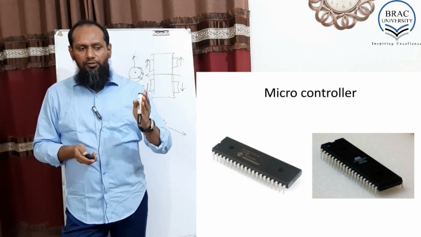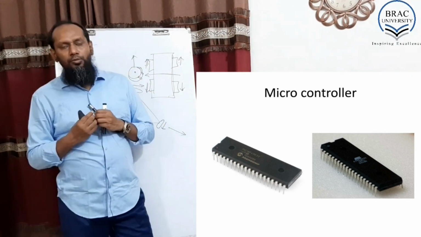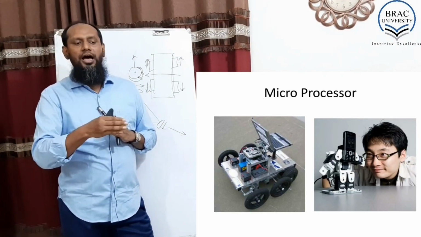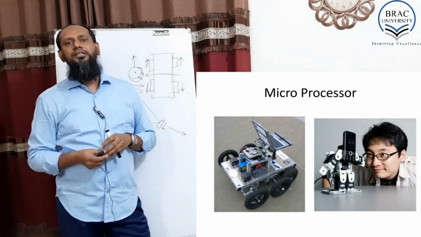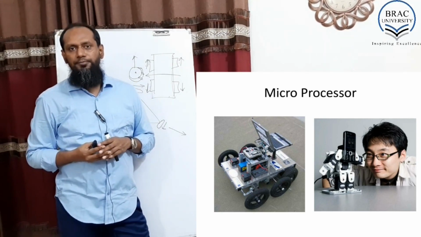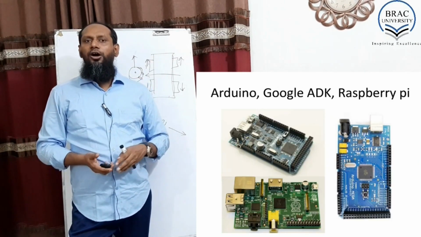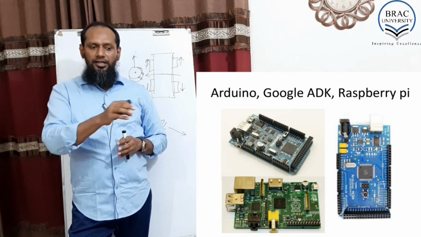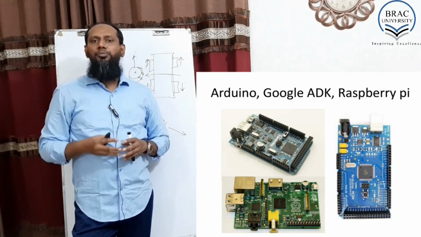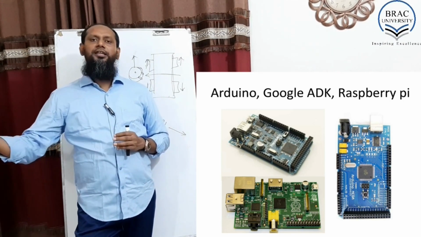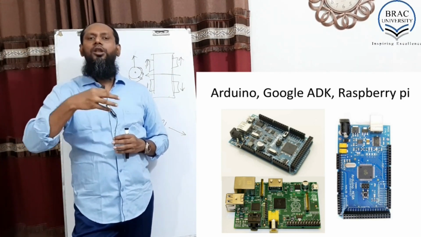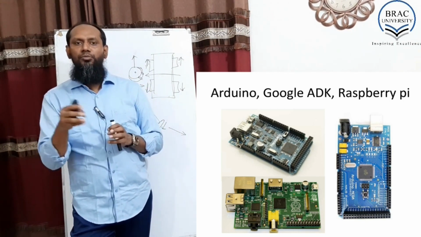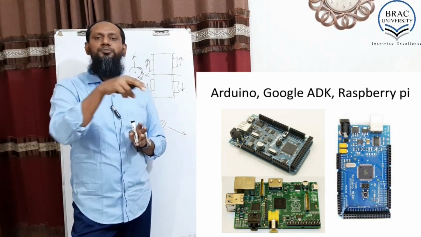Before telling about this, I would like to say something about the microprocessor. We cannot embed any general purpose I/O or low level I/O with this computer or with this mobile phone very easily. But for Raspberry Pi or Jetson TK, these kinds of devices, there is a GPIO port where we can use our low level input like sensor input, switch input, or even control some motors using this GPIO port.